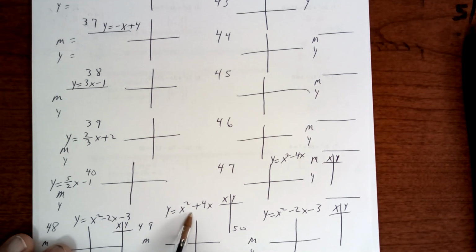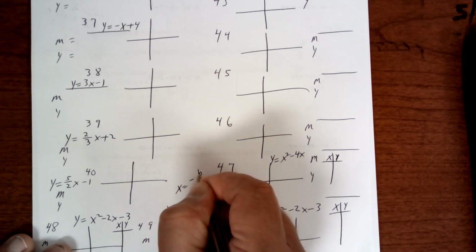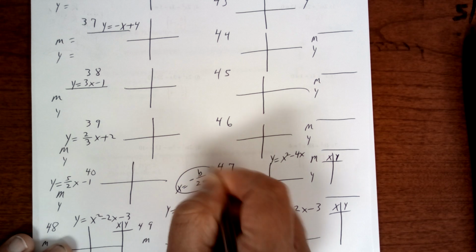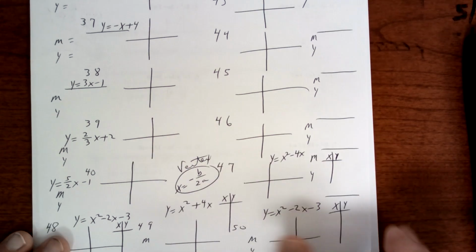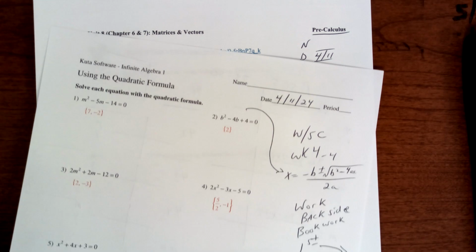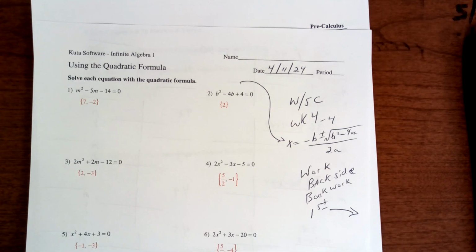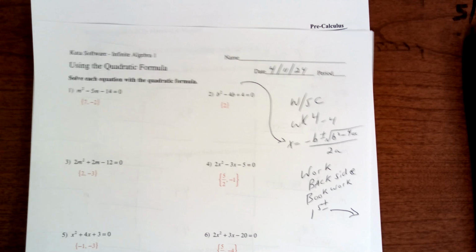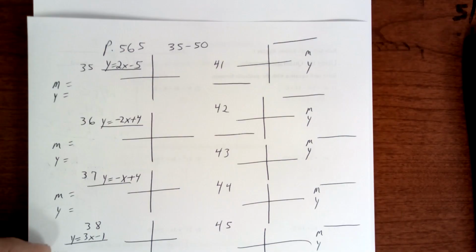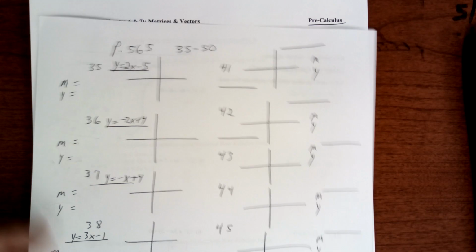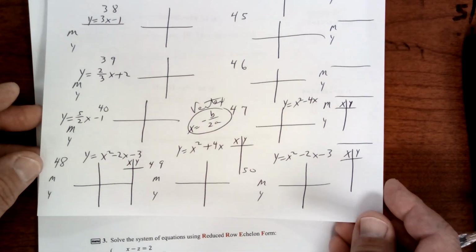I might have the numbering mixed up, but it's x equals negative b over 2a, which is going to give you your vertex, okay? So let me just show this in case somebody needs to copy it. All right, so when you do the quadratic formula, you're going to get that. But I want this side first. So you're going to graph them, and then you're going to flip it over to do the quadratic formula. Okay?